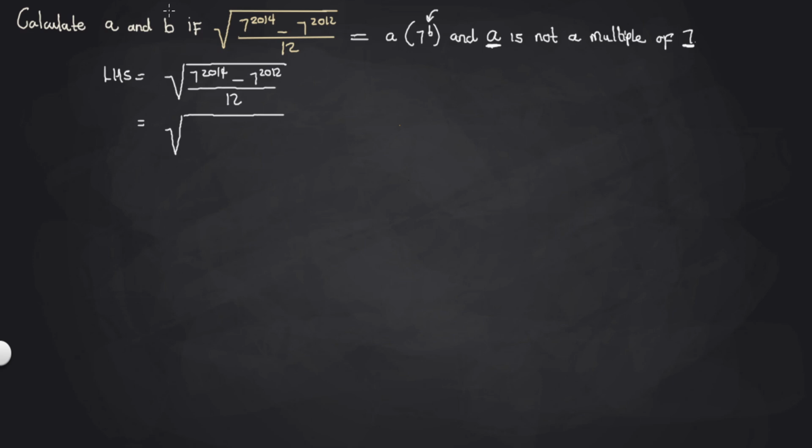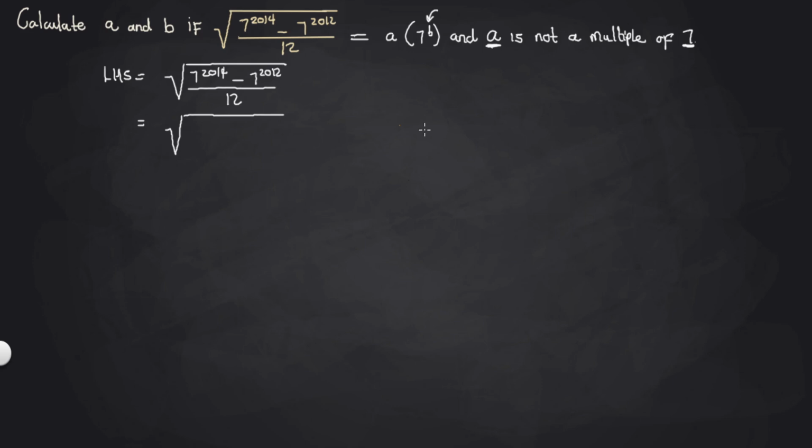So I need to figure out a way to handle those big exponents. Between exponent 2014 and 2012, the smallest exponent should be your biggest concern, or your way out of this problem. The smallest exponent is going to tell you what will happen to the rest of the exponents.